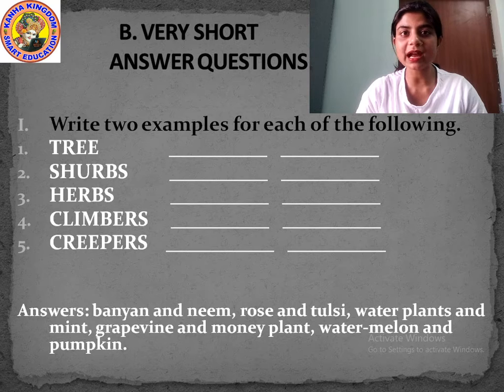And two creepers are watermelon and pumpkin plant, W-A-T-E-R, water, M-E-L-O-N, watermelon, and pumpkin, P-U-M-P-K-I-N, pumpkin. Okay, so these are the answers of this question. You can also see the answers written below. Understood?